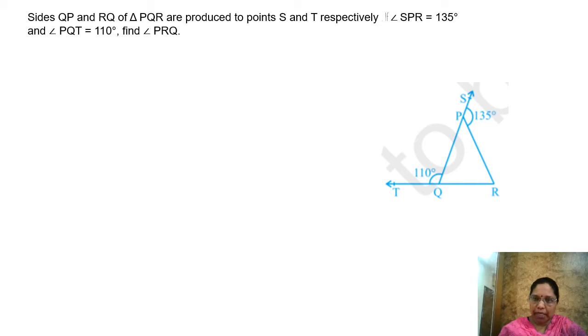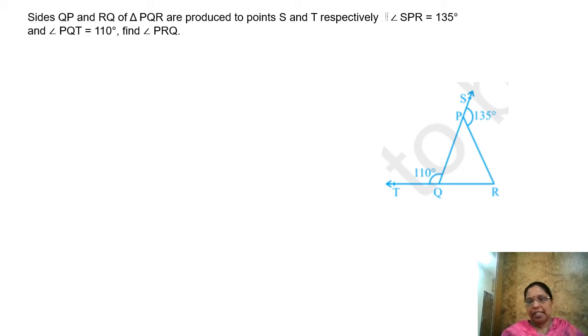RQ is drawn again further and QP is also drawn further. So you get two angles, angle SPR as 135 degrees and angle PQT as 110 degrees. Find angle PRQ.